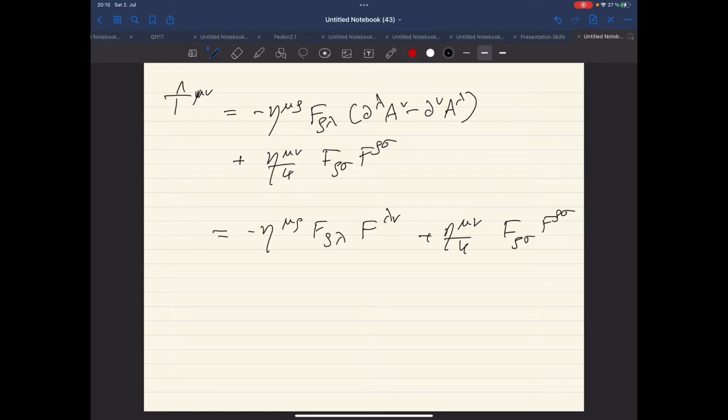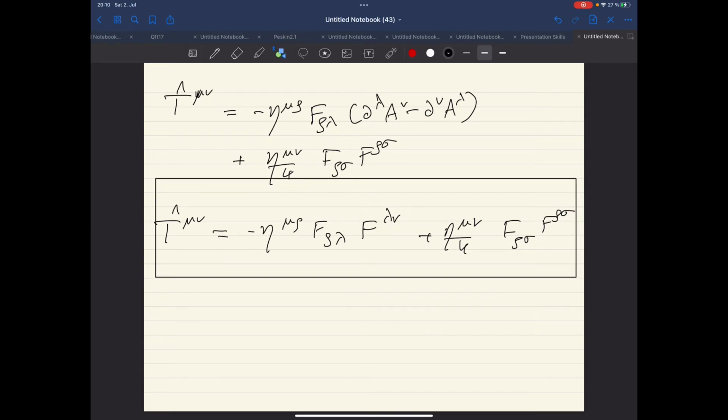So that's my end result for the modified stress energy tensor. And now we see that it has the nice property that it's actually symmetric.